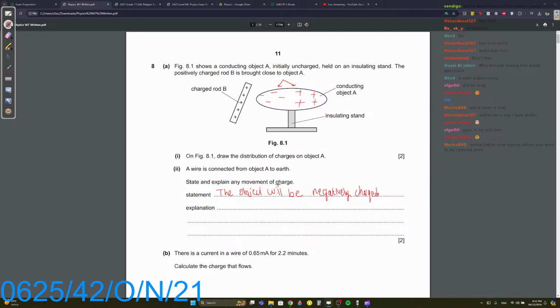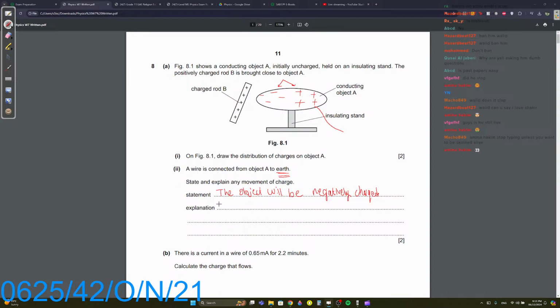How is the object going to be negatively charged when we earth it? When we earth something, we connect and we let the charges leak outside, right? So what's going to happen when we let the charges leak outside is all these positive charges will go. Then you're going to ask me, Walid, why don't the negative charges leave? It's because they're trapped here, attracted to the positive side.